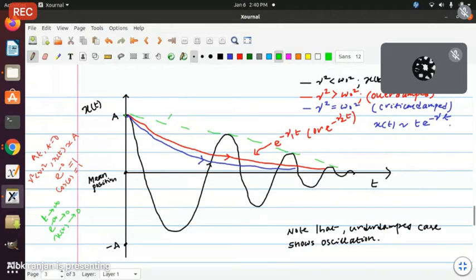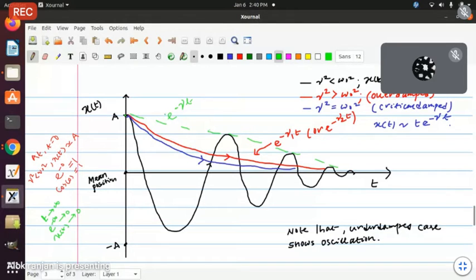And this will be e to the power minus gamma t. So this is the dotted dash line. It will still remain oscillating, but it will decay over time. And you can also get the time period here. And for over damped, what is the solution? We have either e to the power minus gamma 1 t or e to the power minus gamma 2 t.